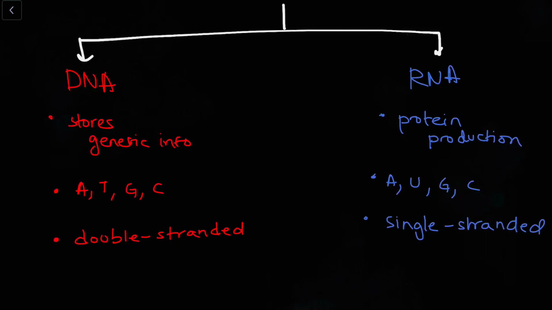Now, the final difference between DNA and RNA that you need to know about is that their sugars are different. DNA has a sugar called deoxyribose in it, whereas RNA's nucleotide consists of a sugar called ribose. Ribose and deoxyribose are essentially identical, except for the fact that deoxyribose has one less oxygen in it.